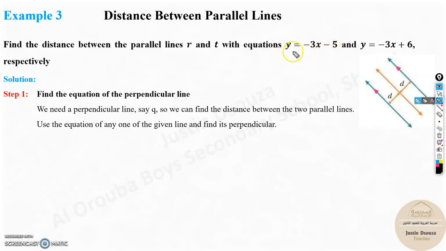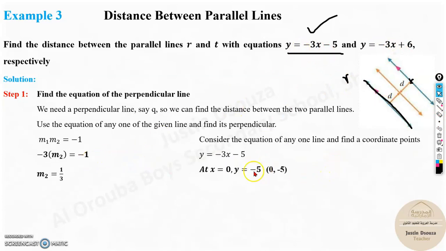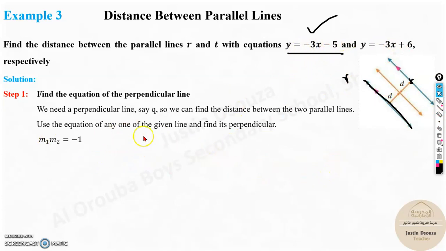If we consider, say, the line R, then we won't use the intersecting point for this line. We have to use the other equation later on. So for now, we will just consider the first equation over here. I'll just double check. Yes, the first equation is considered.